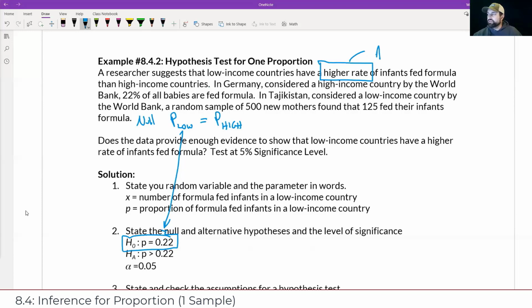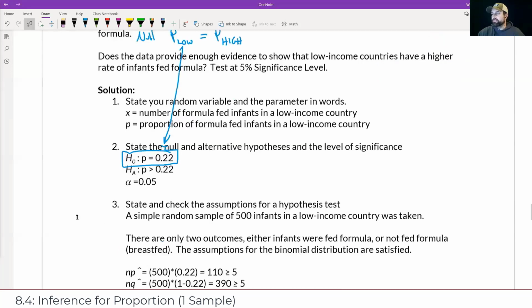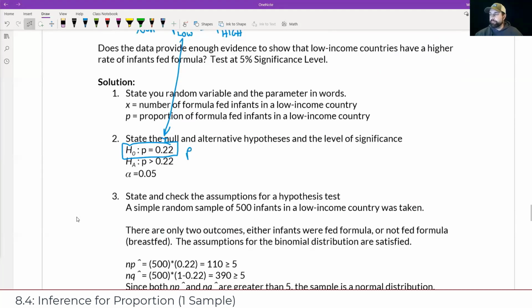So again, this means above. And so when you see this higher rate, you're thinking, okay, we're going to do something like this. We got to find this magic number, and we're going to find the area above that curve. Okay, so a couple things should be triggered in your head when you see this vocabulary. And so this is the population p-value, and our alternative hypothesis is that it's greater than, that it actually should be greater than that.